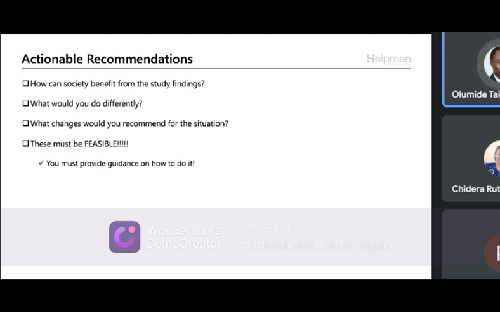Because if you say, okay, I want to run this government, and I want to make things happen, number one, you have to show that you know how the government is working. You have to show that you know what is being done, what policies, what practices, what instruments are being used, and how these instruments are not effective.